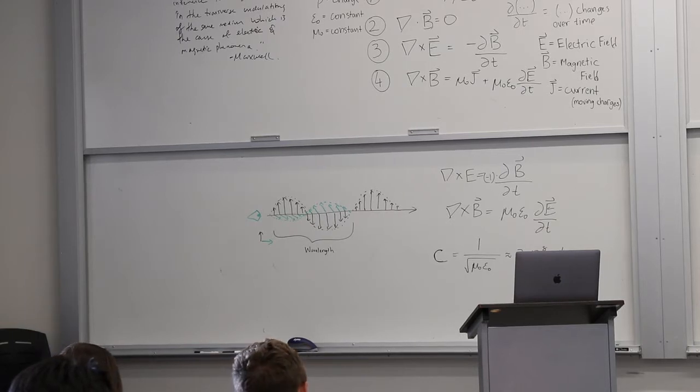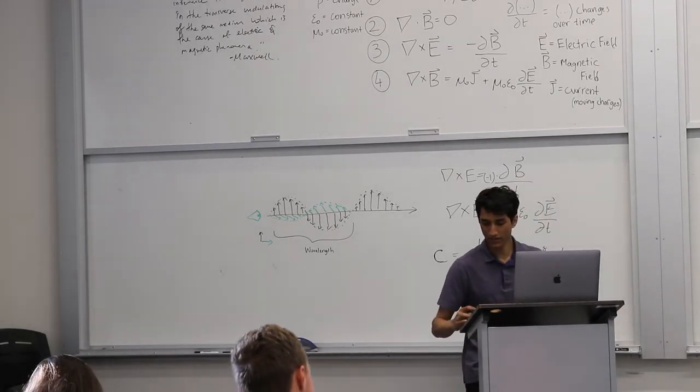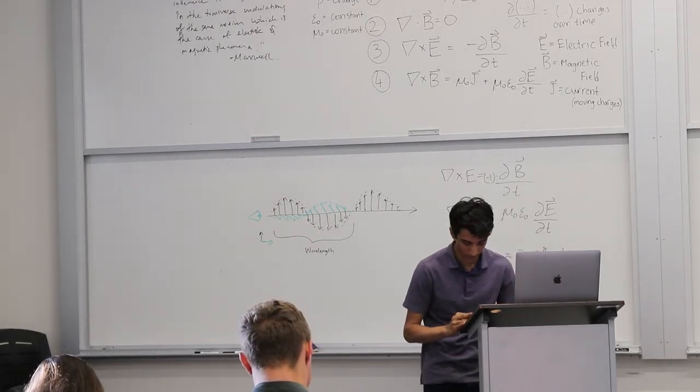I can't draw a rainbow, but if you were to visualize a rainbow here, this is visible light, right? I think it's vaguely between 300 and 700 nanometers, but I'll look it up real quick.